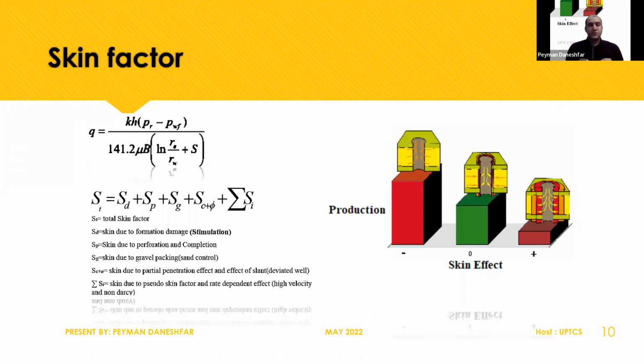Every time we should control some parameters to check our production rate: skin factor, radius of damage zone, pressure, thickness, and the permeability.